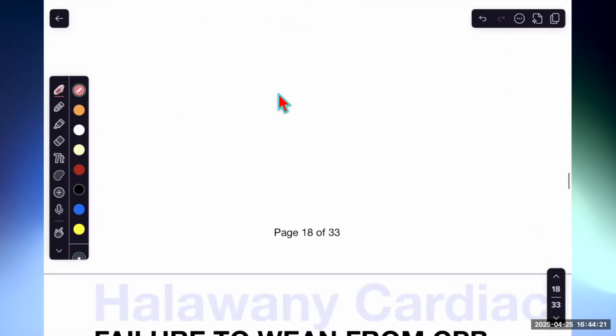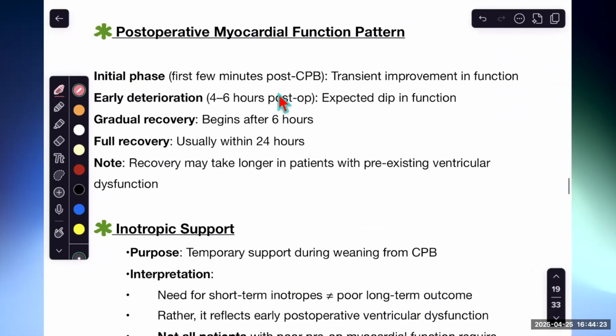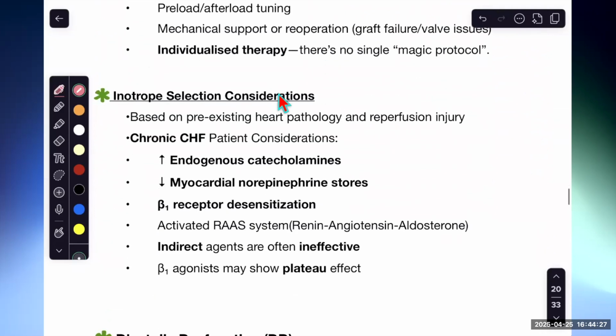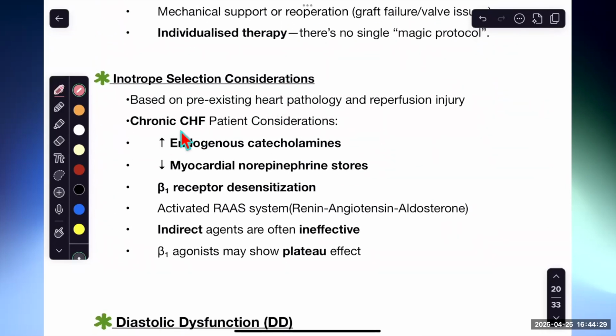These are the patients who have chronic heart failure, because a chronic heart failure patient has high endogenous catecholamines and they have beta 1 desensitization. So if you give beta 1 agonists, it will show a plateau effect. You increase the dose, no effect. Increase the dose, no effect. Start milrinone. So this is one population.